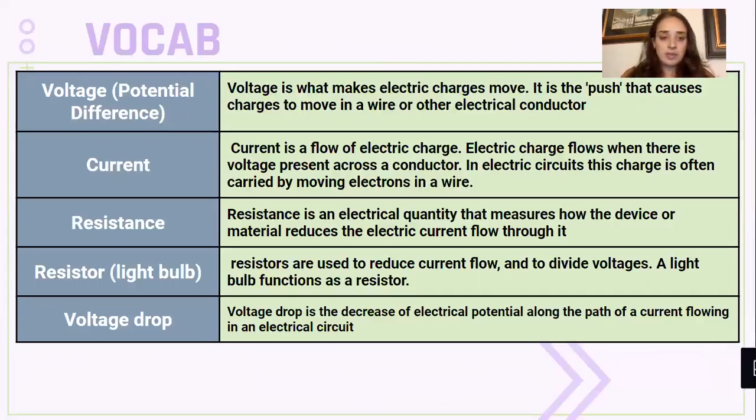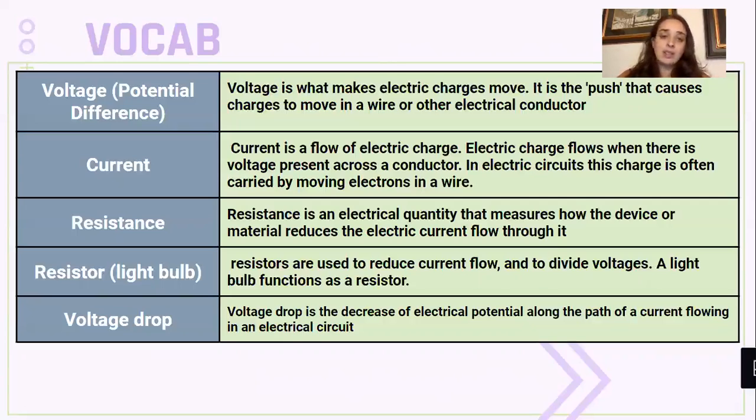Light bulbs are resistors. And then there's one new vocab word here called voltage drop. So voltage drop is a decrease of electric potential along the path of a current flowing in an electrical circuit. So you guys might have seen in your data that there's a voltage across the battery, but you also saw that there was voltage across the light bulbs.